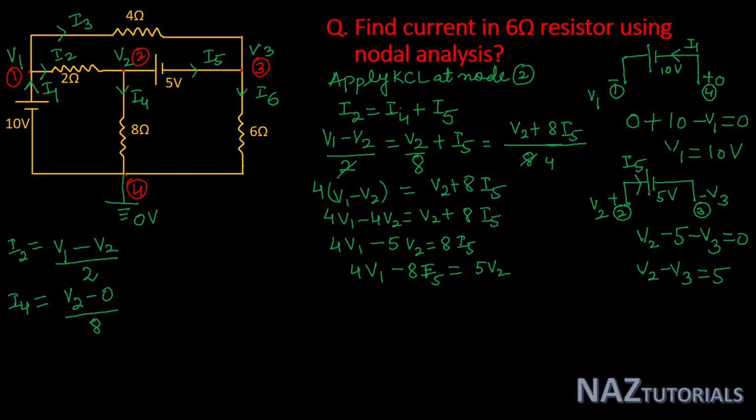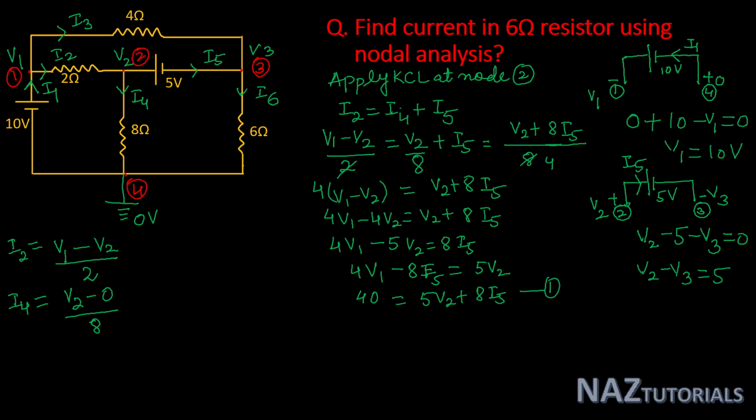So here V1 is 10 volt, that is 40 is equal to 5V2 plus 8I5. So this is our first equation.